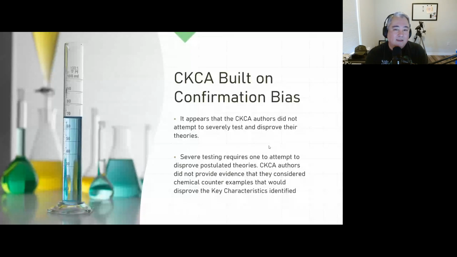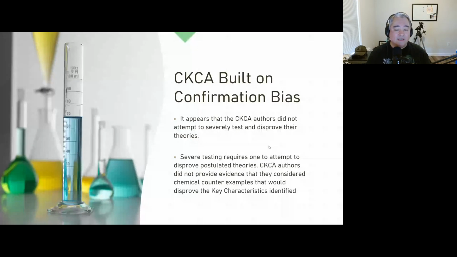Generally speaking, when we come to hasty generalization, it tends to get perpetuated through confirmation bias. And there's an appearance that the authors of the consensus key characteristics approach did not attempt to severely test and disprove their theories. Instead, it appears that they were going off of confirmation bias.